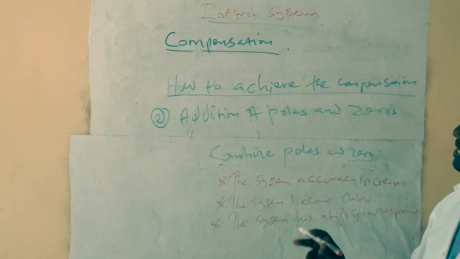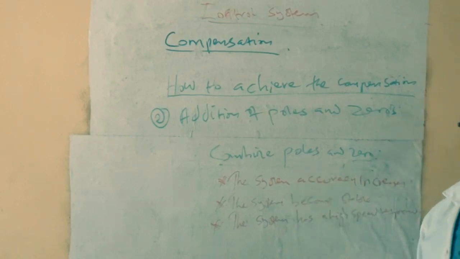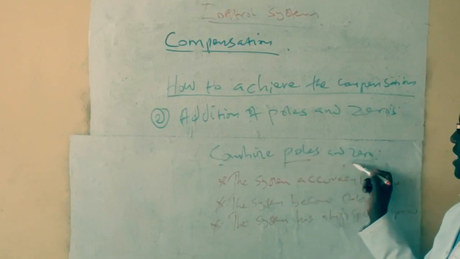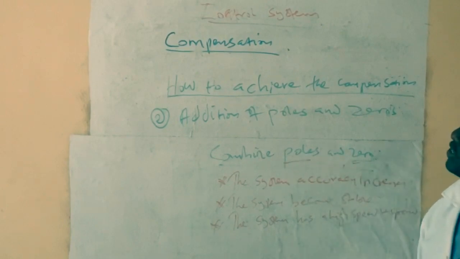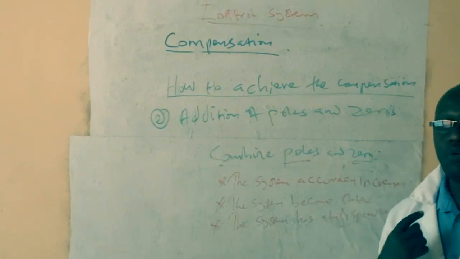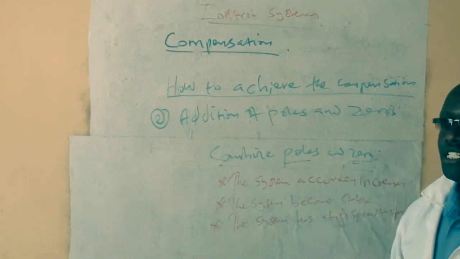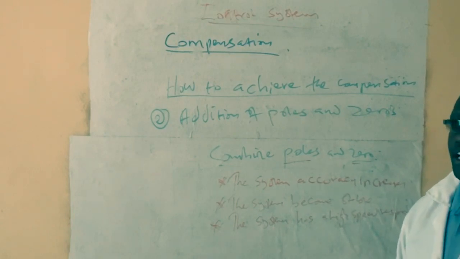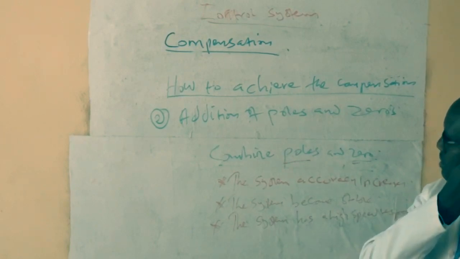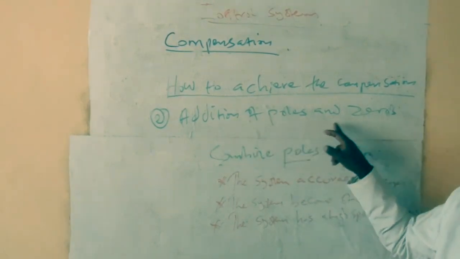So for us to get that perfect system, we need to combine the poles and the zeros, and those are the two ways of achieving the compensations. As we said, one was we reduce the steady state error by increasing the forward path, and another method is by addition of balls and zeros.